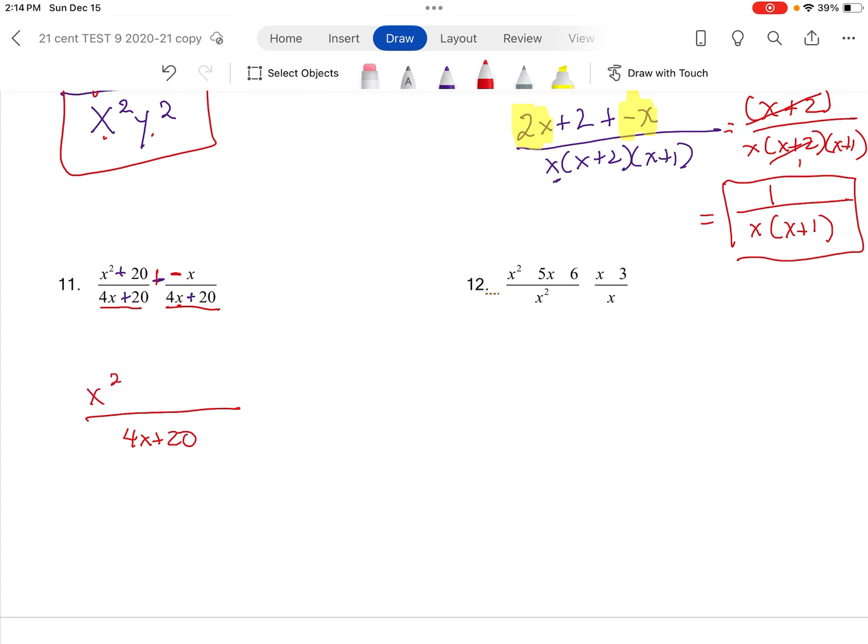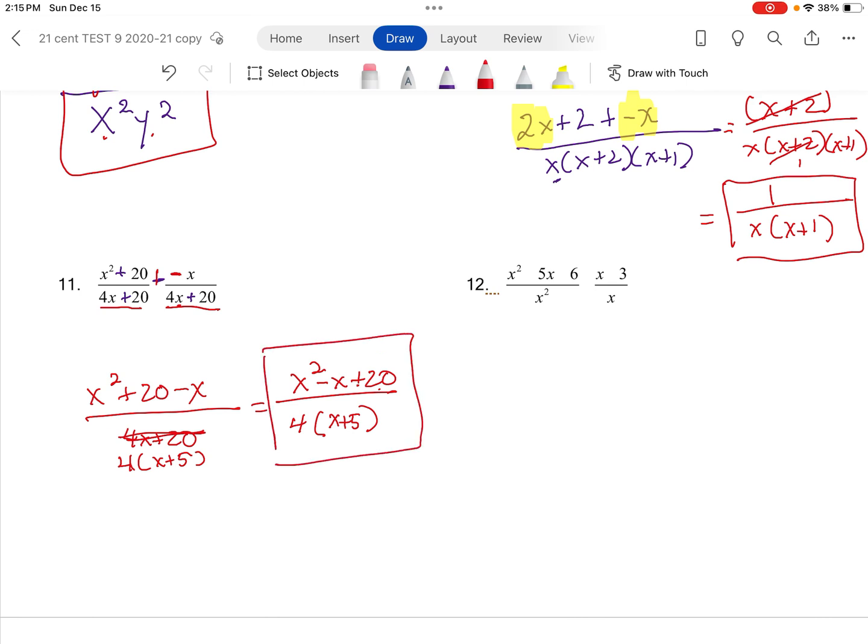So it is an x squared plus 20 minus x. The denominator factors into 4 times x plus 5. So I'm just going to use that denominator. The numerator, x squared minus x plus 20, does not factor any further because there are no factors of 20 that add up to 1. So that is my final answer.